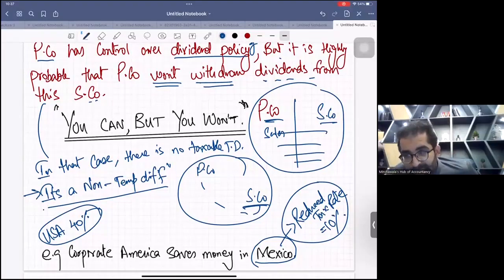In this way they take the funds. So this is the ideal example: if you are a giant company in USA and you have a subsidiary in Mexico, you won't withdraw dividends, because you will get a big hit of tax. Did you understand this example, my dear students?